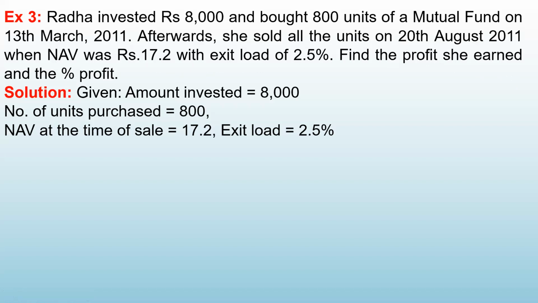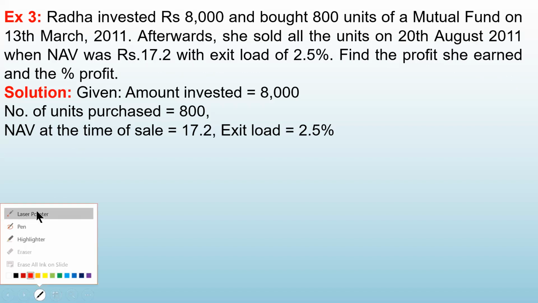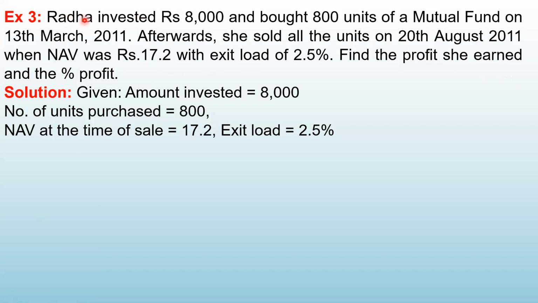Look at what is given to you in this question. So read the question and write down what is given to you. Radha invested rupees 8,000. So amount invested is 8,000 and bought 800 units of the mutual fund. It is also given to you that number of units purchased is 800. See, in the previous two problems, we had to calculate the number of units.